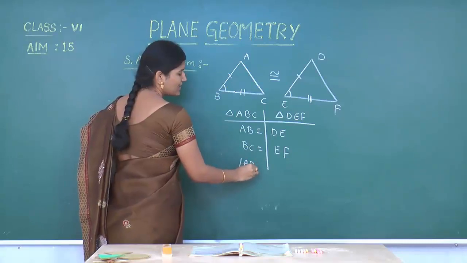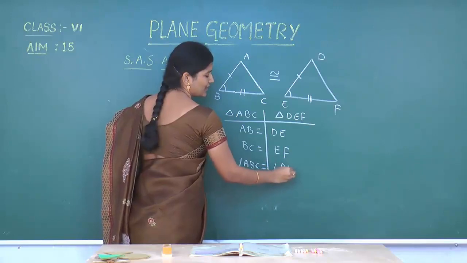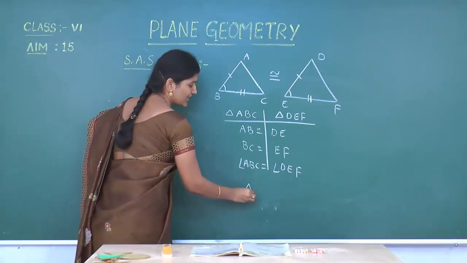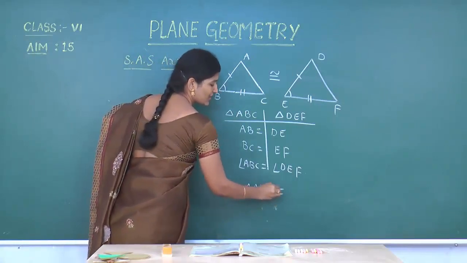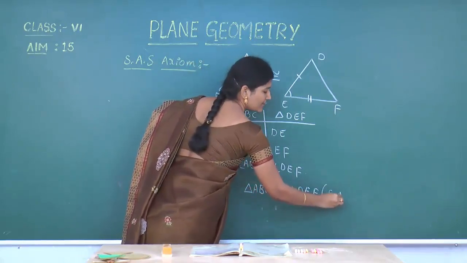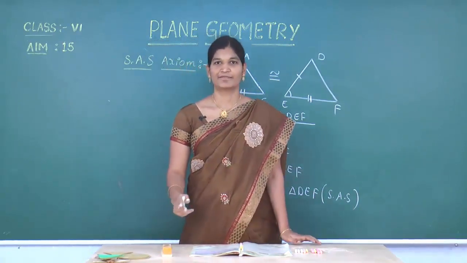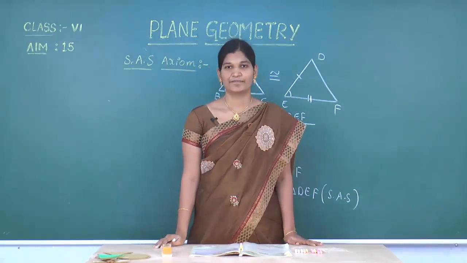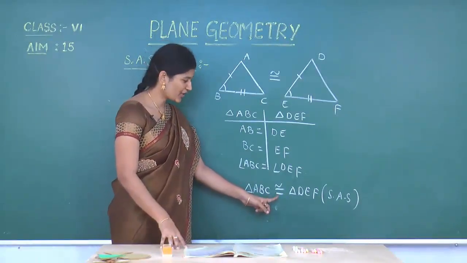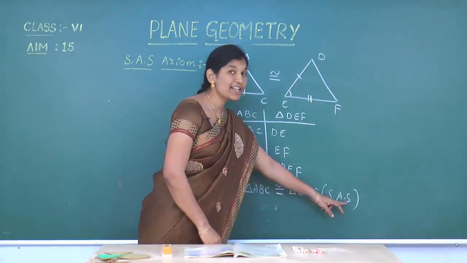Angle ABC is equal to angle DEF. So we can say triangle ABC is congruent to triangle DEF. By which axiom? SAS axiom. So here triangle ABC is congruent to triangle DEF by the SAS axiom.